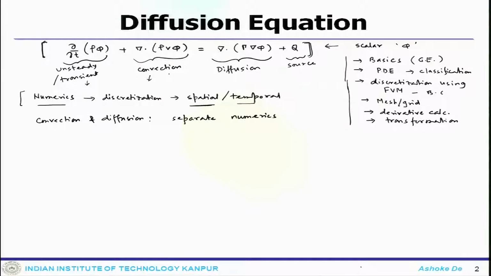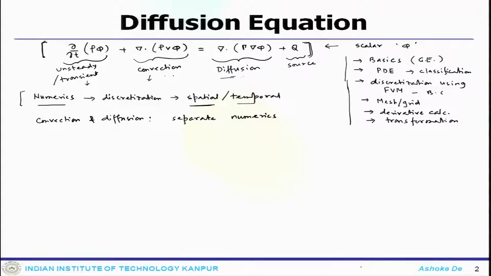The reason being, convection is a different phenomenon, and diffusion is a different phenomenon. Typically, if you have a flow which is convection dominated, diffusion becomes quite less important. So, convection becomes the predominant phenomenon on top of diffusion. In certain flows, like boundary layers close to the wall, diffusion becomes dominant, and when diffusion becomes dominant, convection does not play a big role.